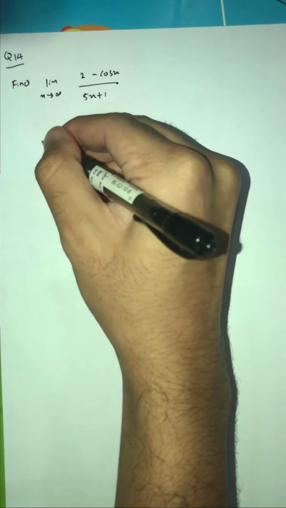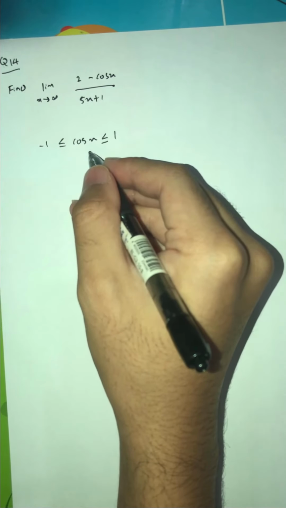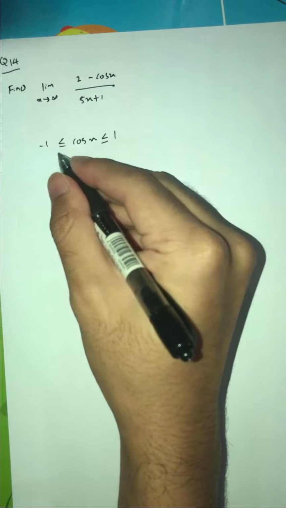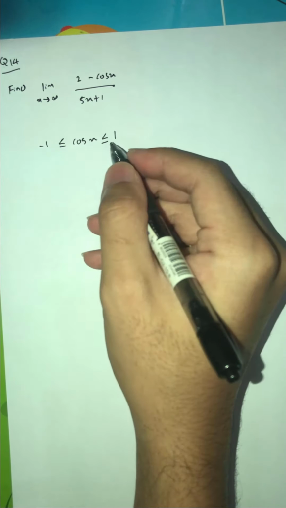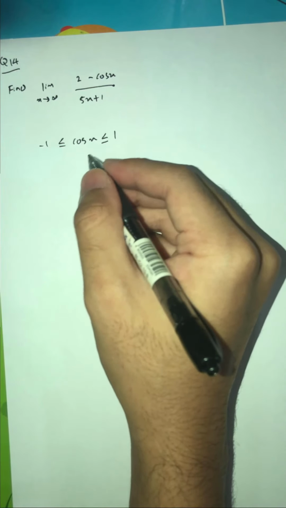So cos x must be like this. Every trigo will have this: less than or equal to 1 and more than or equal to negative 1. This is not something that I come up with by myself, I just remember this.